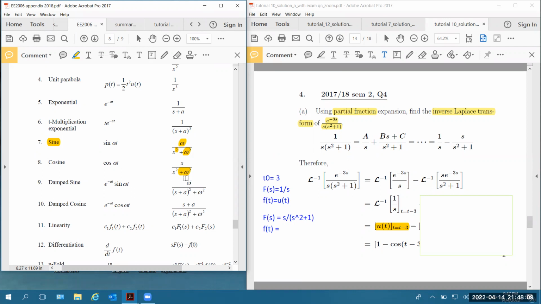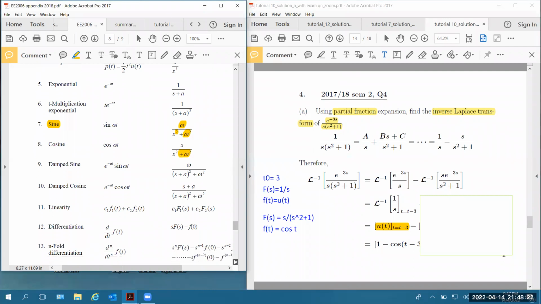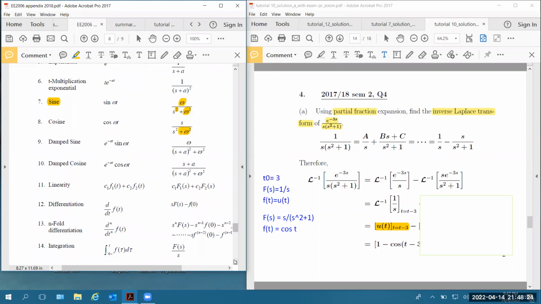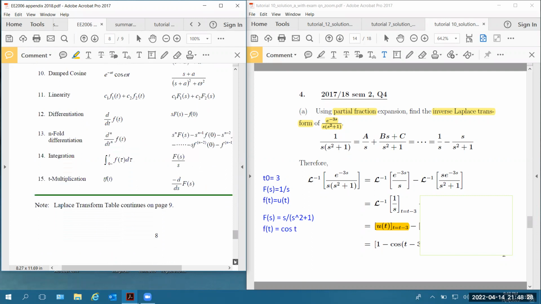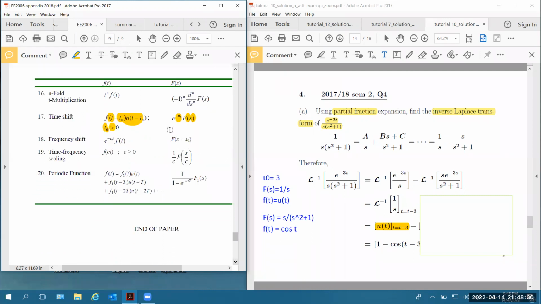So your omega is 1, so I'm just going to get cosine t. So this one is just cosine t. Therefore, according to our time shift, it will be cosine(t minus t naught) and then u(t minus t naught).